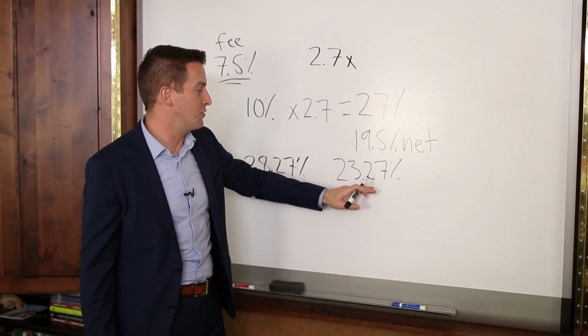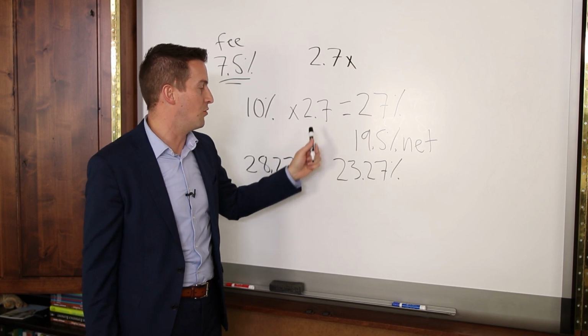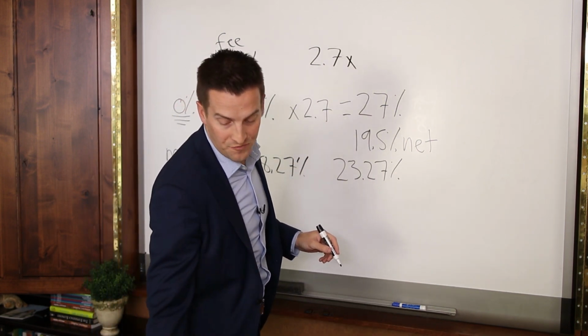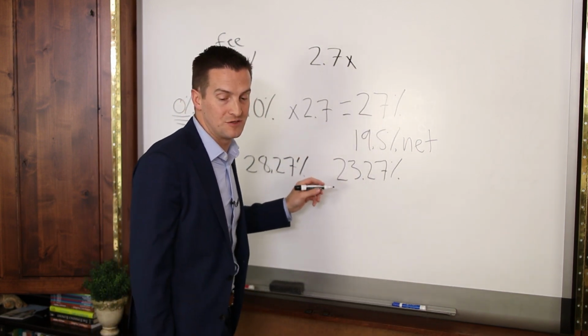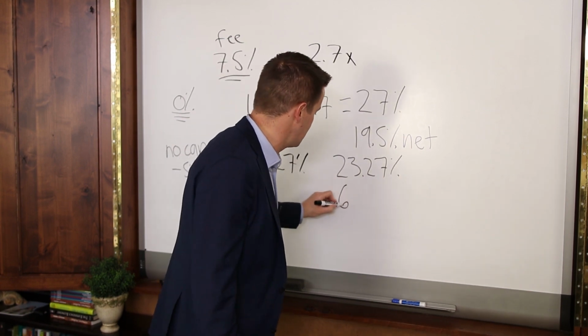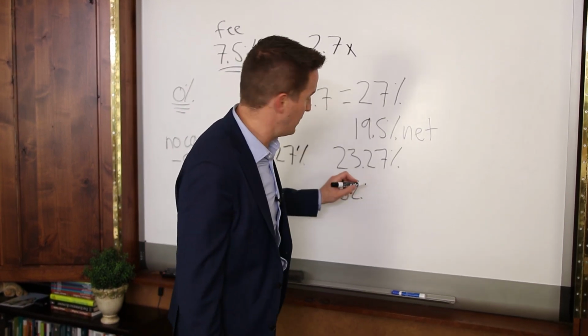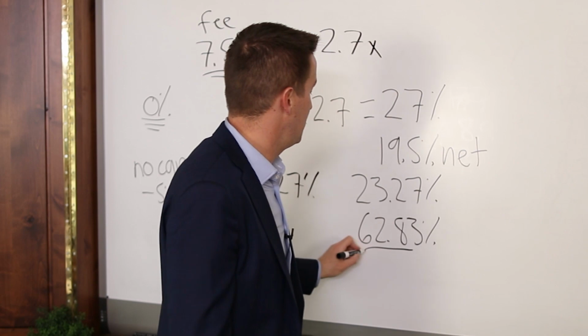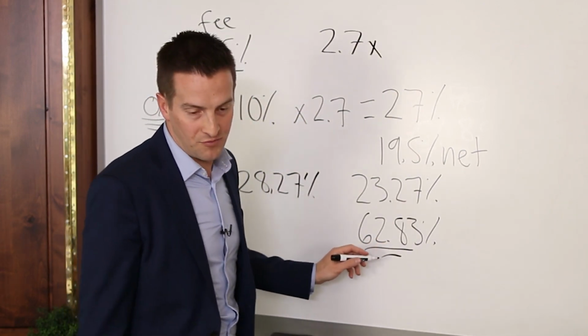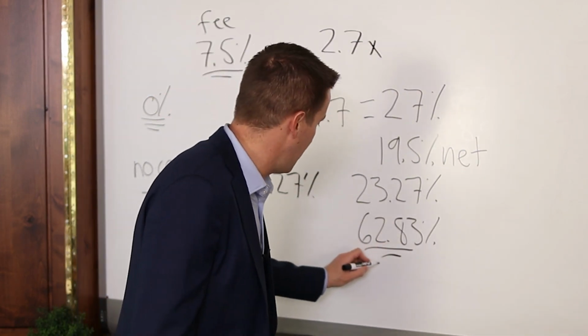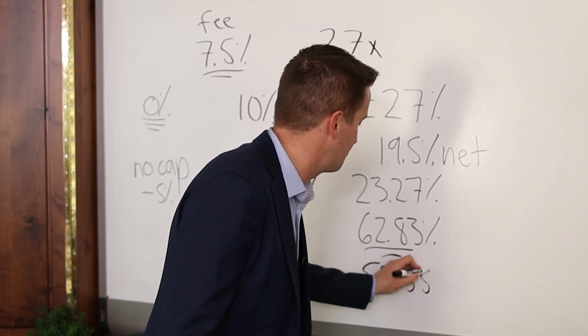But now that 23.27, we're going to times that by 2.7. Net of the fee, because you've got to subtract the 7.5 as well. It's going to be 62. Let's just do the full math. 62.83% would be your return. Minus the fee, of course, we're looking at 55.33%.